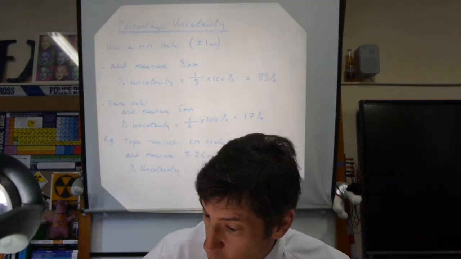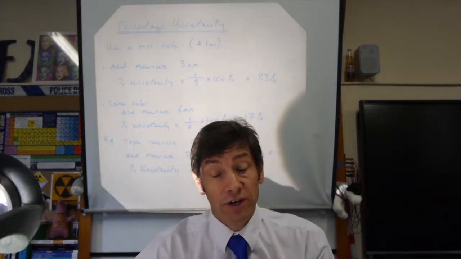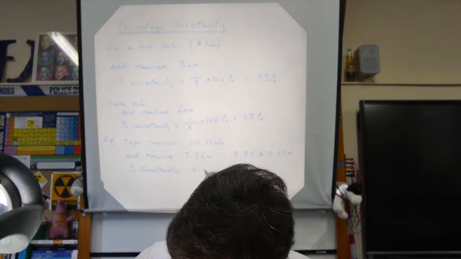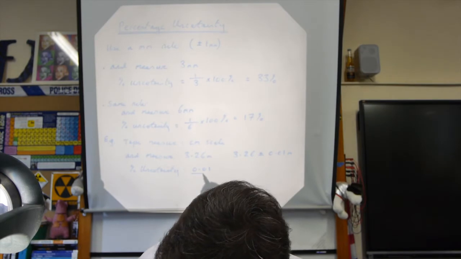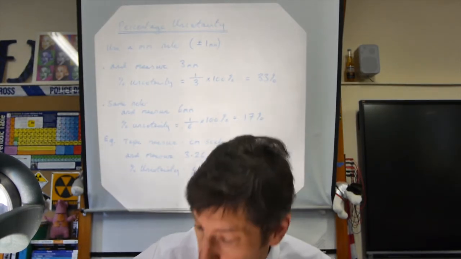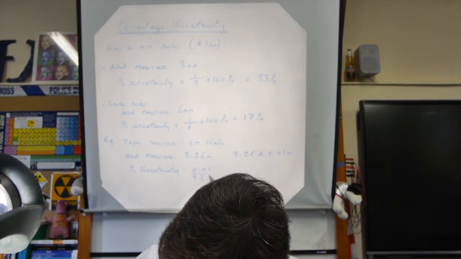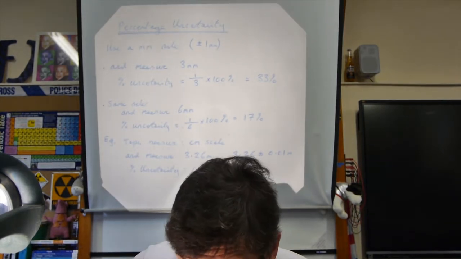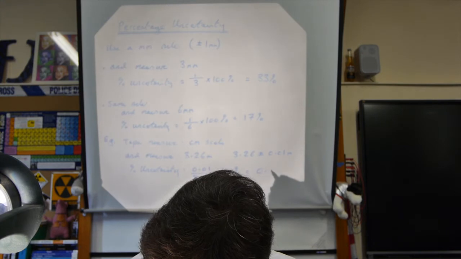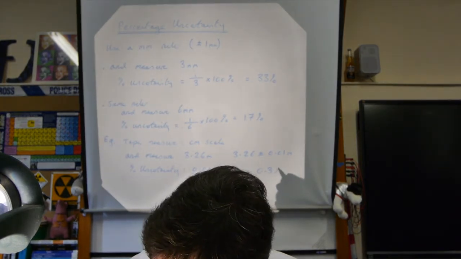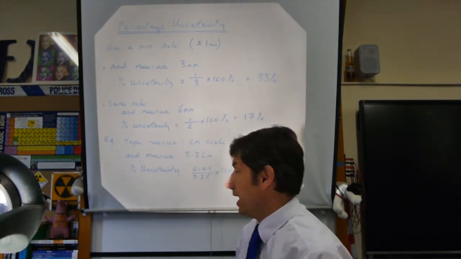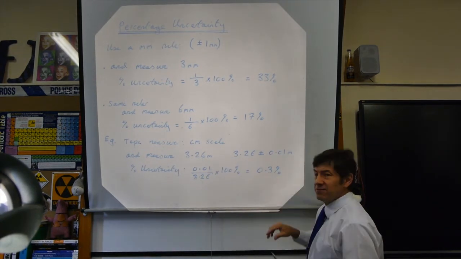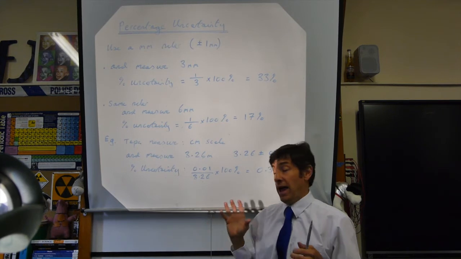It's a very small amount in a largish reading, so I think we're okay using a tape measure for this. It's 0.01 metres error in the whole 3.26 metres as a percentage, and that equals about 0.3%. So using a tape measure in this way is going to give us quite a small error.